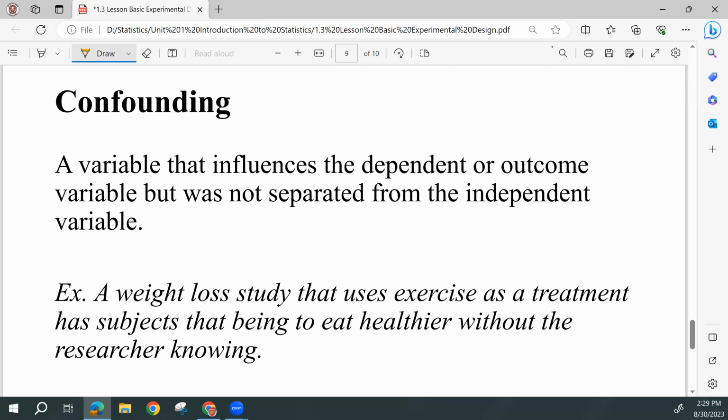Well, we might have some of those participants actually start eating healthier at the same time. And if you've read any weight loss information, you'd know that exercise and eating healthy is the best way to go. And so without the researchers knowing, some people could be eating healthier, meaning they lose more weight, which will have an effect on our study.